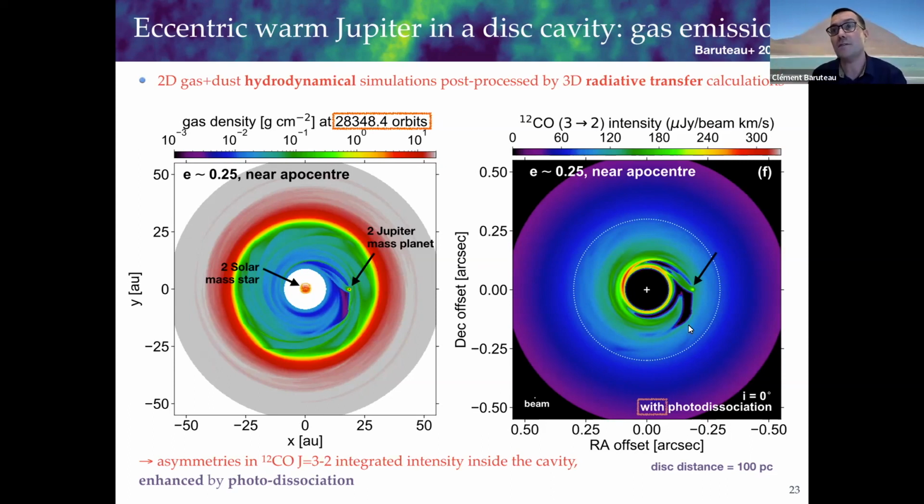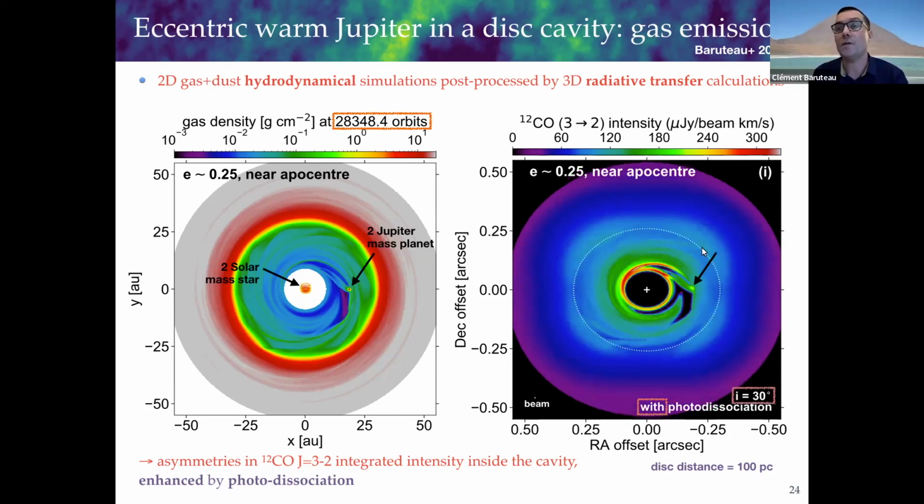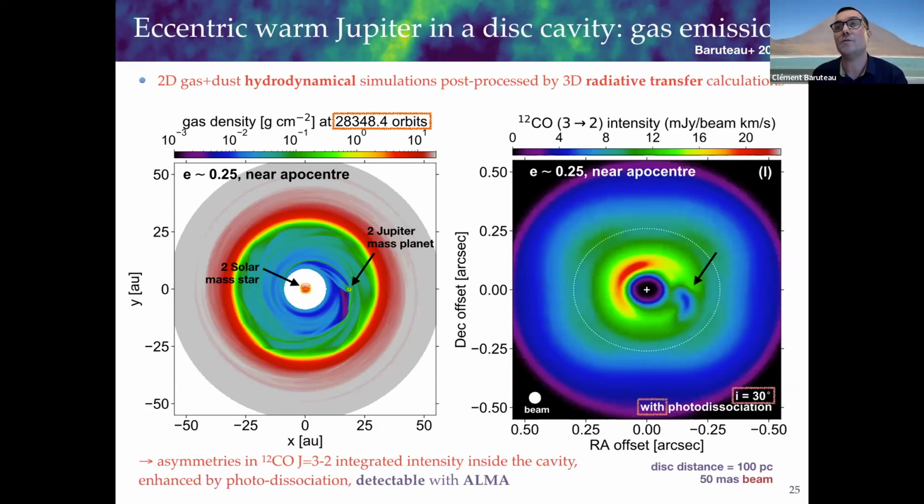In that case, since we decrease the number density of 12CO by an arbitrarily large amount, we can have extremely small specific intensity of emission in parts of the cavity where the density in the gas is smallest. Again, we look at what happens when we have a finite inclination of the disk with respect to the sky plane, and we convolve with a realistic beam size, again 15 milliarcseconds.